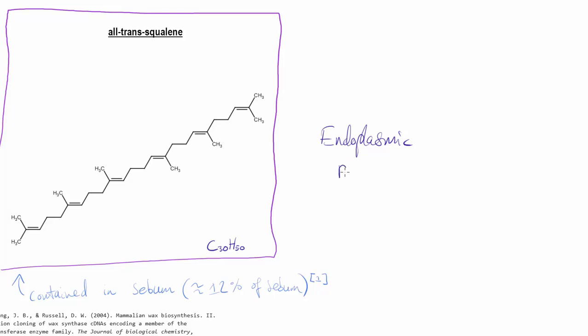The endoplasmic reticulum is actually the site where the squalene is produced. That's where the enzyme that produces it is, I believe it's called squalene synthase. But yeah, that's the site where it's produced, the endoplasmic reticulum.